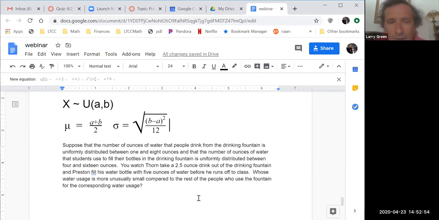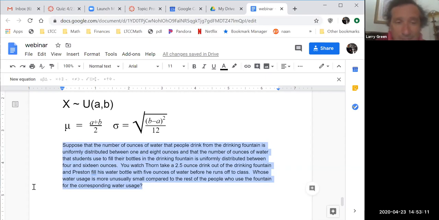Any questions so far? All right, so now let's do a problem. Suppose that the number of ounces of water that people drink from the drinking fountain is uniformly distributed between 1 and 8, and that the number of ounces of water that students use to fill their bottles in the drinking fountain is uniformly distributed between 4 and 16 ounces.